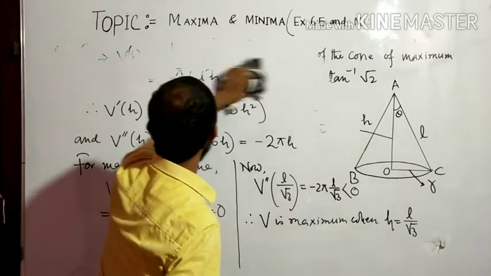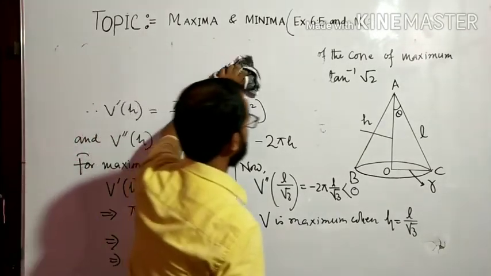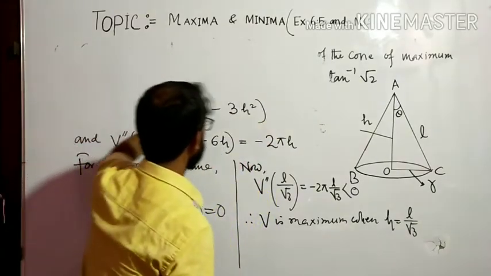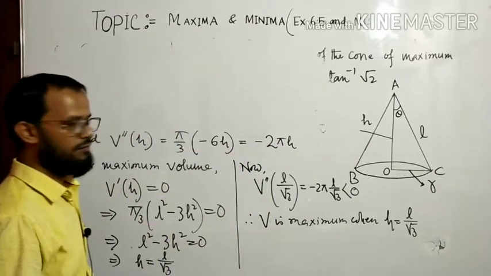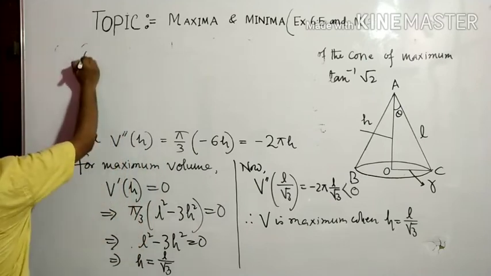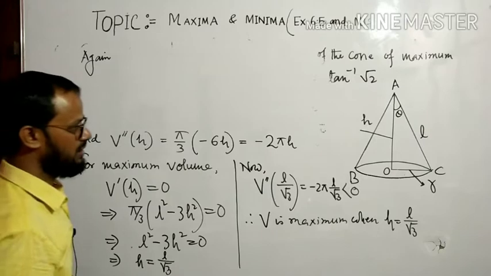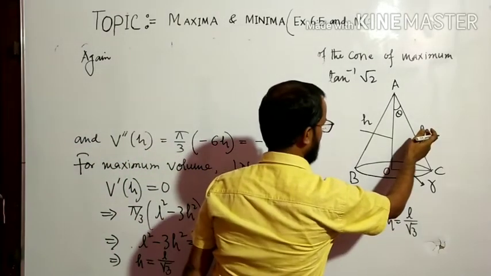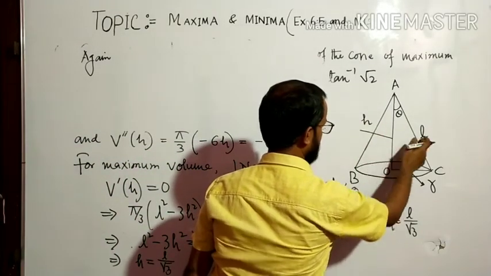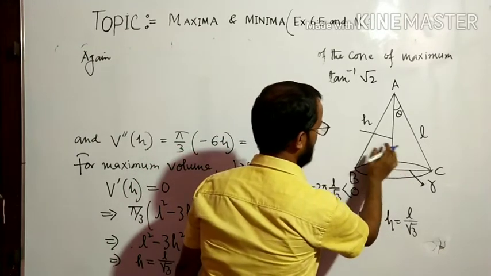Now what you are going to say, you have to find what theta. You have to find what theta. Now from the figure you see again, this is your L, this is your H, okay, and R is given. What is tan theta?